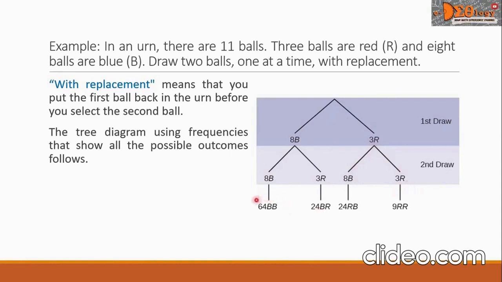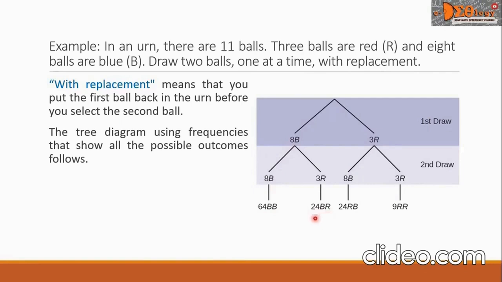Now, regarding the number here, this is 64 BB. This means the 64 comes from the product of this 8 and that 8. And this BB means the first draw is a blue ball and the second draw is also a blue ball.